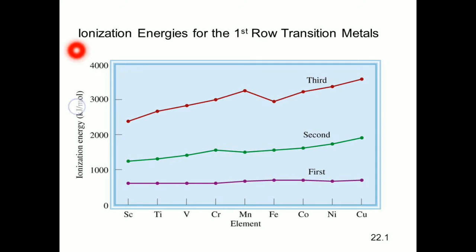Next, the second ionization enthalpy is slightly higher, because the second time the electron has to be removed from a positively charged ion. That positively charged ion cannot easily give up the electron, so second ionization enthalpies are slightly greater than the first ionization energies of first row transition elements.